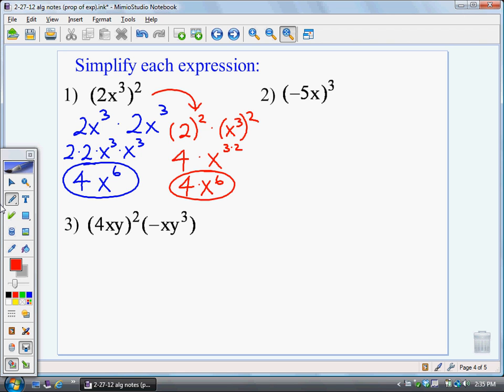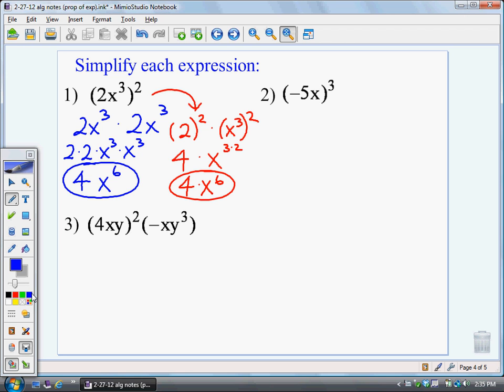So it doesn't matter if you expand it out and make it 2 factors, 2x to the 3rd times 2x to the 3rd, and then manipulate it that way, or if you apply the properties. Basically now we have the coefficient 2. You have to make sure you square the coefficient, 2 squared, so we got 4, and then take the base, x to the 3rd, and raise that to the 2nd power. So we got x to the 6th.